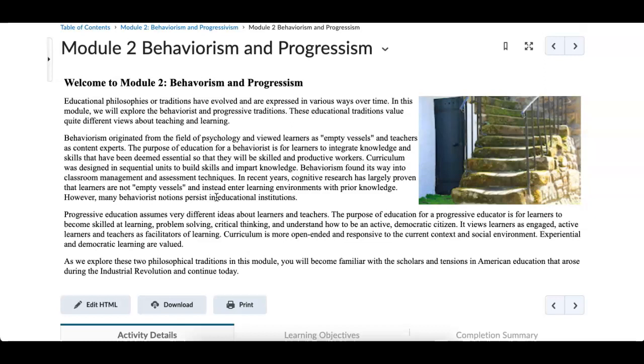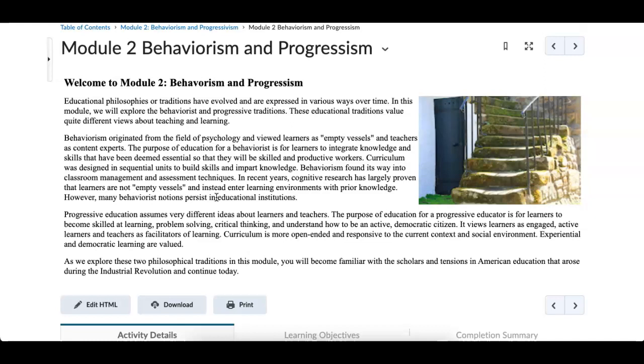I won't say that it's right or wrong. It's just a different philosophy to progressivism, and progressive education is very different from behaviorism. To me, there are two ends of the spectrum. The purpose of education for a progressive educator is for learners to become skilled in learning, problem solving, critical thinking, and understand how to be an active democratic citizen.